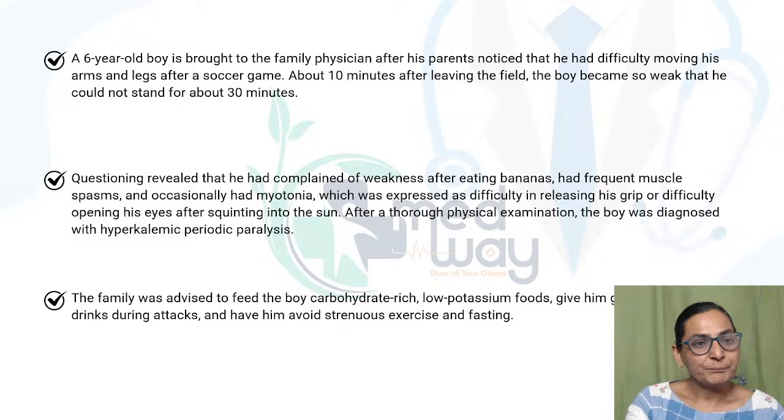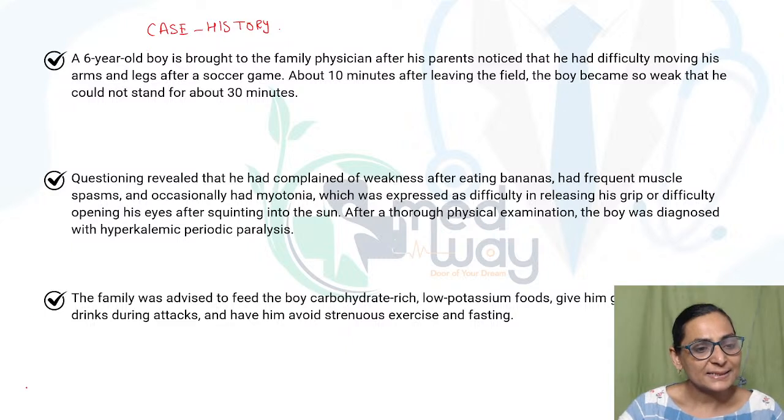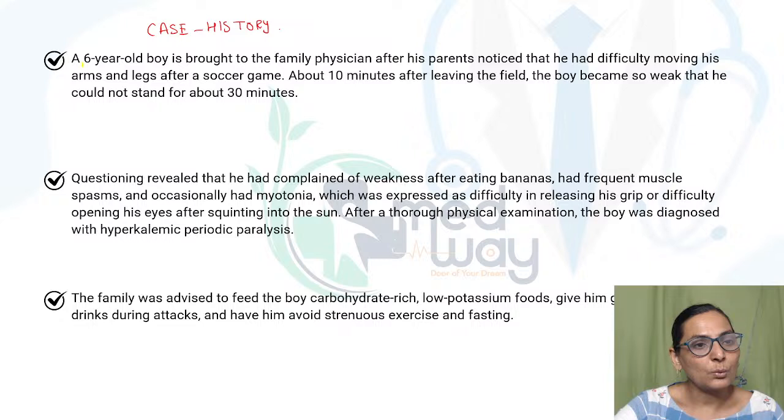Before we move further, let's look into a very important case history that is related to this topic. There is a 6-year-old boy, and this boy is brought to a family physician. Always remember that the age is also very important, and whether male or female is very important.